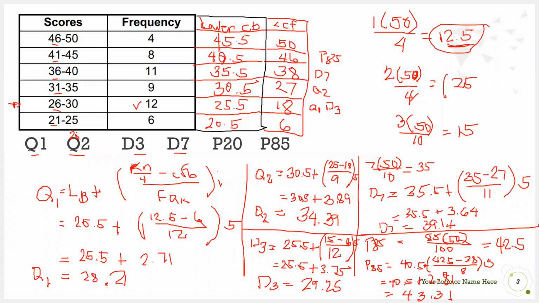So itong 20 na upper limit ng lower step at saka yung lower limit ng step na pinag-uusapan natin ay i-a-add mo, i-divide mo by 2. So 20 plus 21, that's 41. 41 divided by 2 is 20.5. Yung 26 at 25, pag in-add mo yan, that is 51. Pag dinivide mo yan, 25.5.